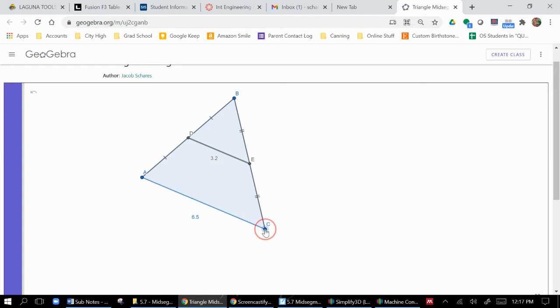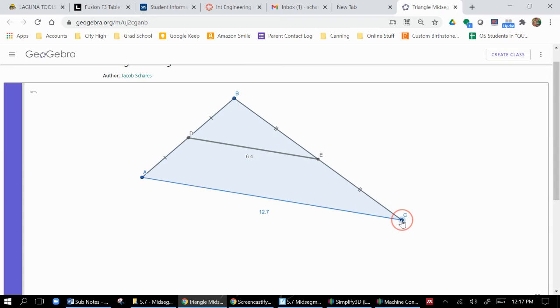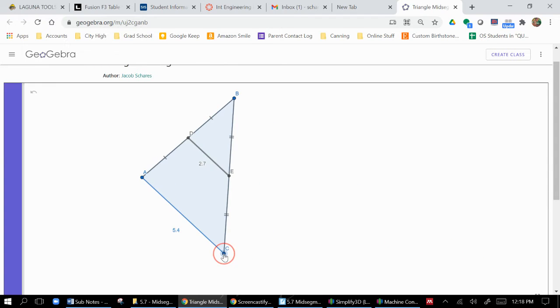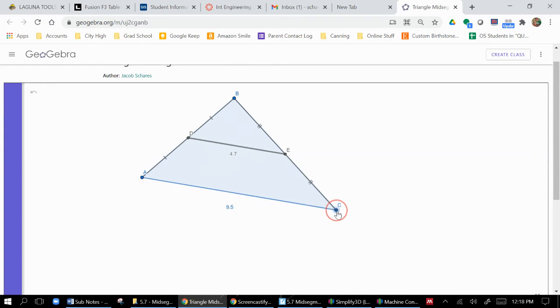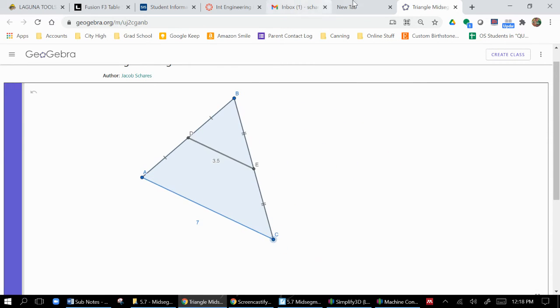Now if I change this around, except for some rounding errors, you're going to see that it's always half. No matter what I do, the midsegment is always half as long as that side is. The other thing you want to notice here is those two lines are always staying parallel to each other.